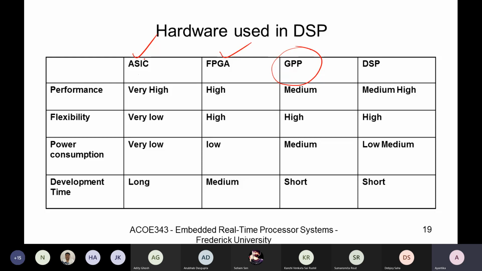In ASIC, as the name suggests, it is the application specific integrated circuit. That means it is specific to a particular application, and based on that you have developed one IC, an integrated circuit. It will typically be useful only for a particular platform. Let's consider the satellite example or your washing machine.